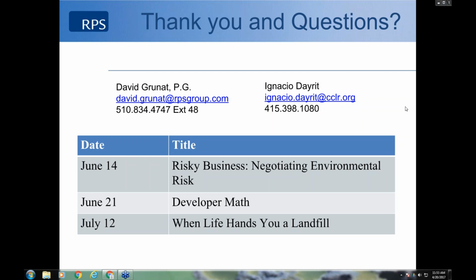A question: do you deal with condo associations or apartment building owners, and would they have a different position on mitigation or even remediation? Yeah, it does come up from time to time. I've dealt with it from both perspectives, but hopefully when we're dealing with them, they've got a system in place and they don't have issues.